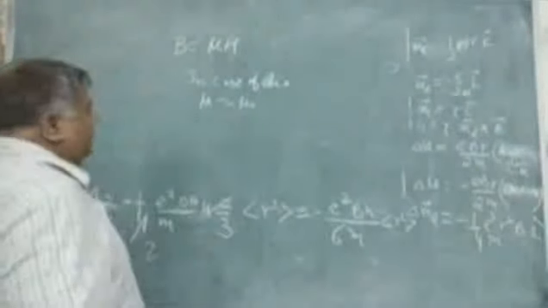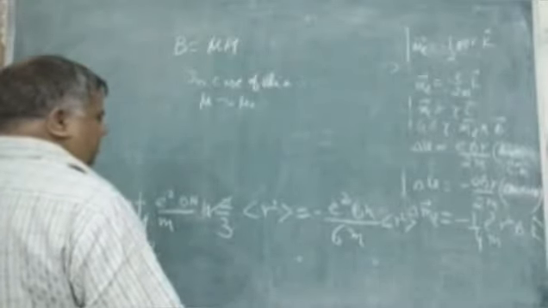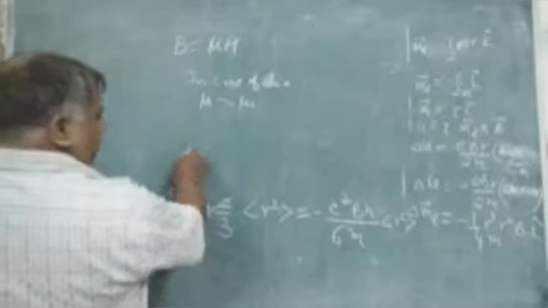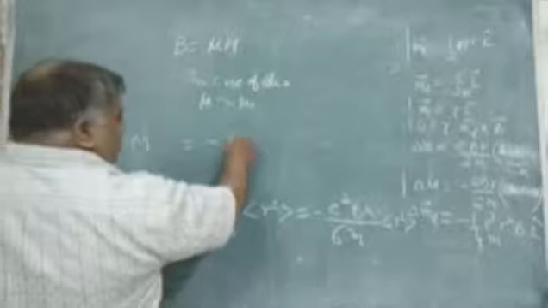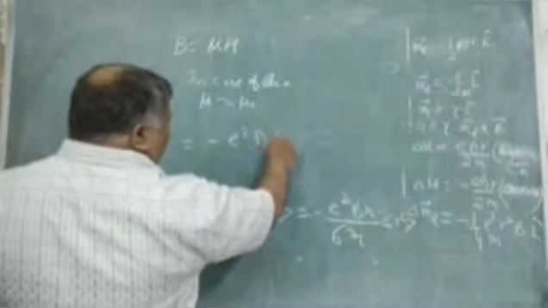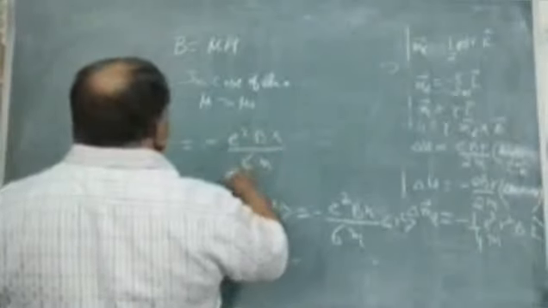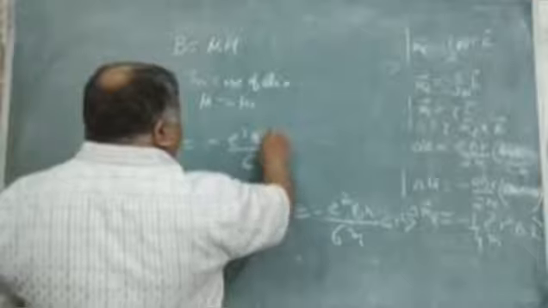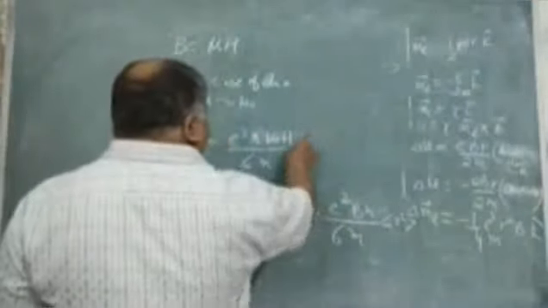So let us put it here: M equal to minus e square B n over 6m, and B equal to mu H. So let us replace this by mu naught H and this R square.